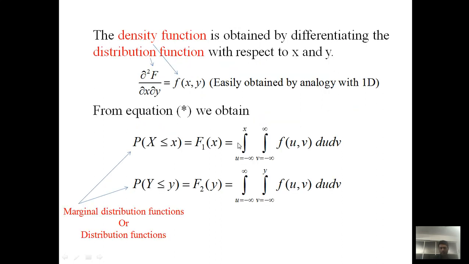Now we have to find the derivative of this equation with respect to x. The first integral sign represents u from minus infinity to x, and these correspond to x. So ultimately these are integrations with respect to x, and we have to find the derivative with respect to x, so these cancel out.